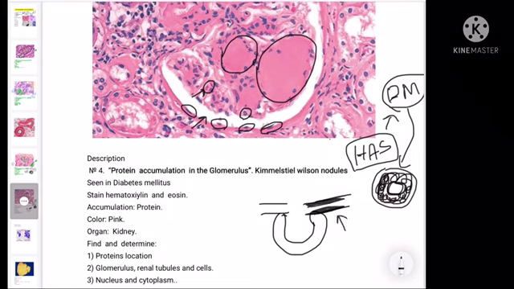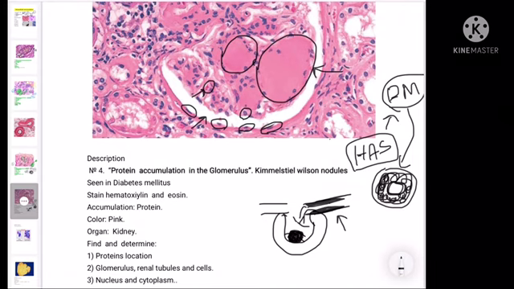So here, once the lumen becomes narrowed, it exerts backward pressure. This pressure causes leakage of protein and proliferation of the mesangium. This leakage of protein causes accumulation of protein in the mesangium, as we can see here. This is localized to only a specific area, not the whole, only this area.